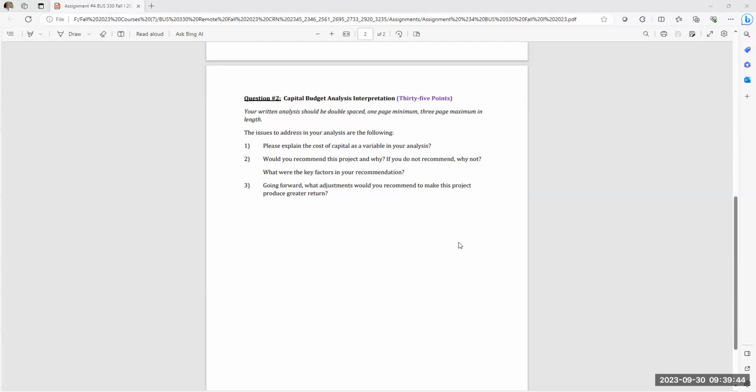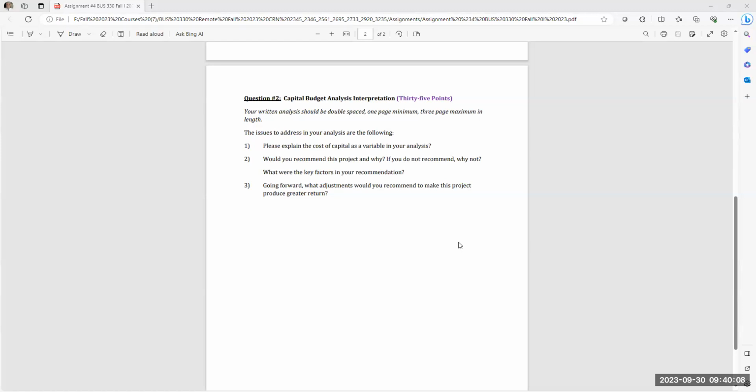Let's say the return is not that good, or in other words, not acceptable for what you're trying to do. If you need to make this project perform better, what would you do to make it a more profitable investment return? Give me your interpretations of that question as well.